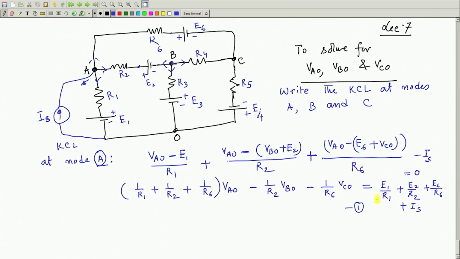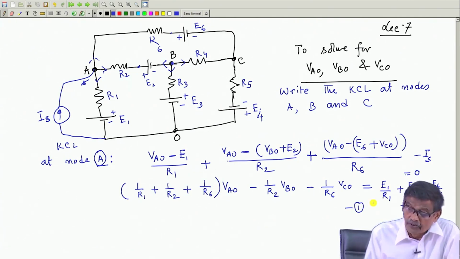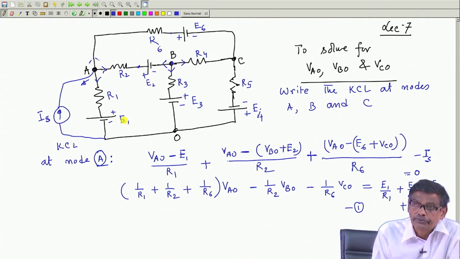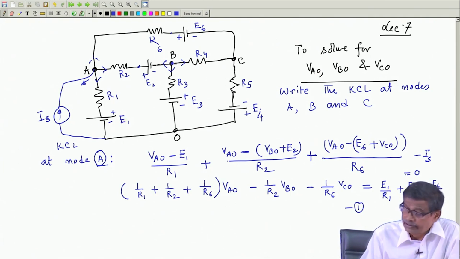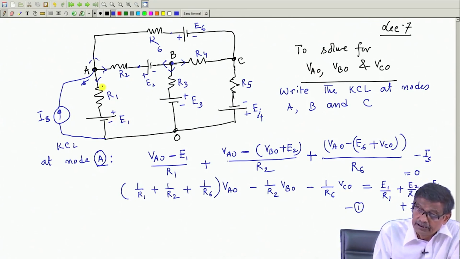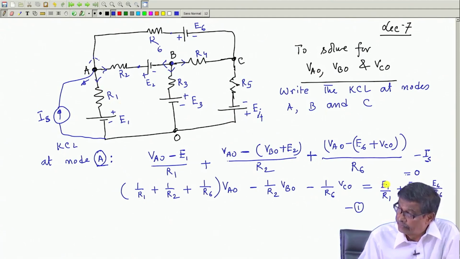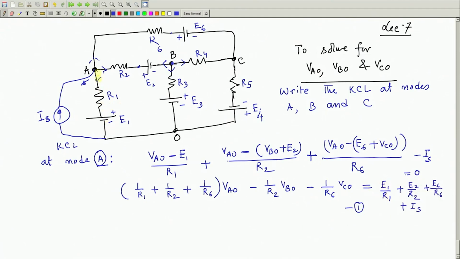Now, coming to this first equation, what about the right hand side? Right hand side, as I told you, will be all sources. So, for example, E 1 is a source and it has to be current on the right hand side. So, E 1 divided by the resistance in series with E 1, that will be the term here, E 1 by R 1.